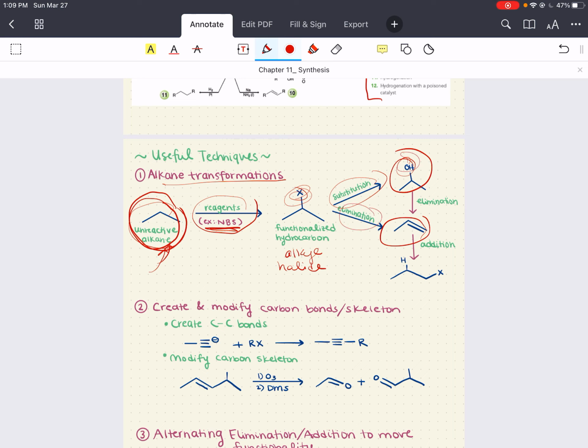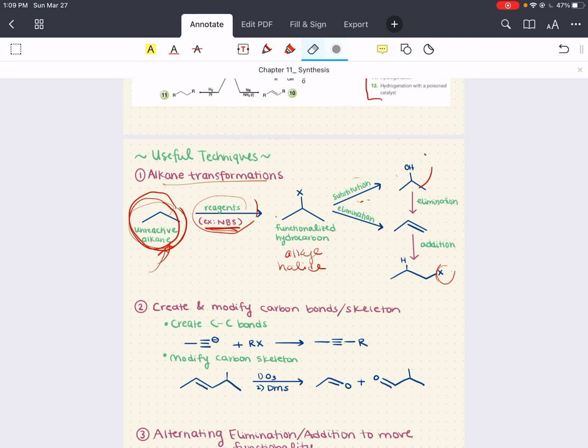And then even with elimination reactions, you can go ahead and do an extra addition step to really add specific groups to specific locations.